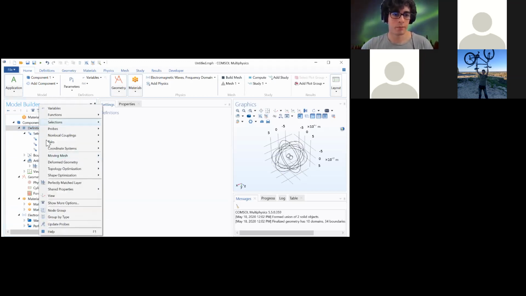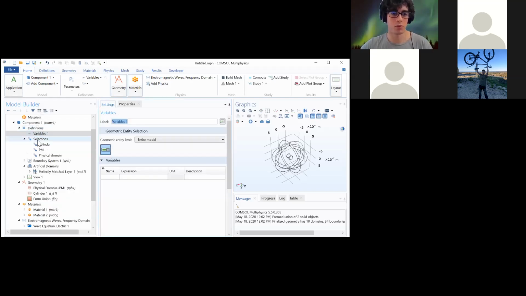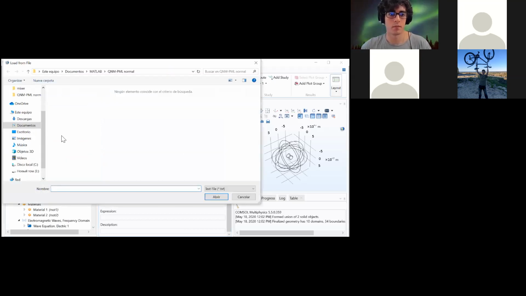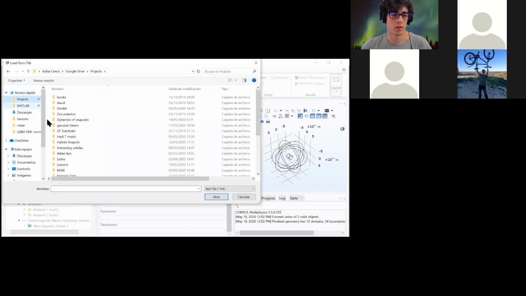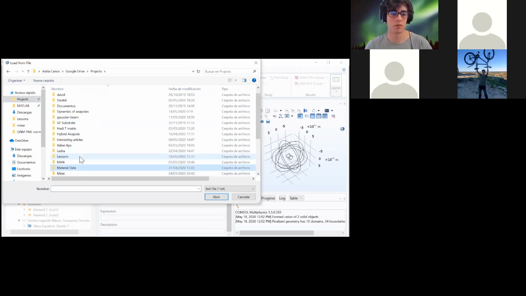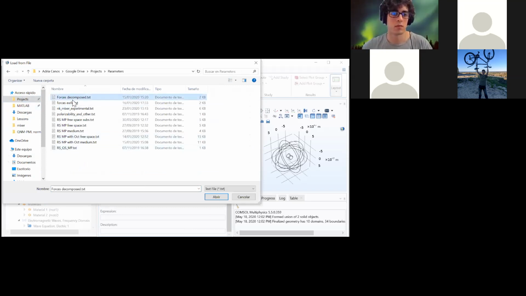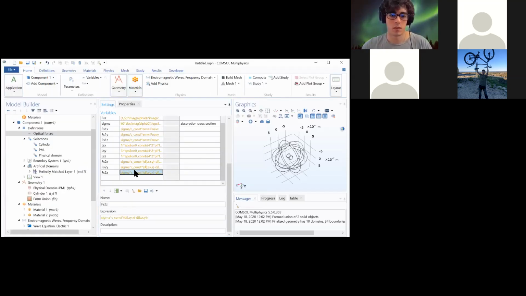So let me just add variables, and I will call them optical forces. Well, let's just consider the whole domain. Here there are several terms that we don't need.